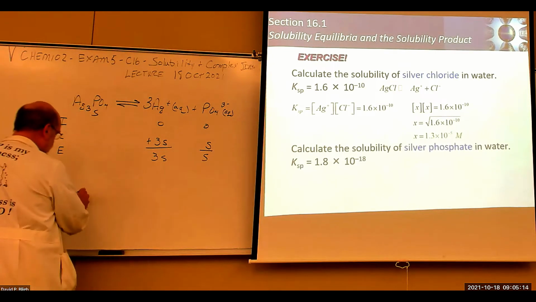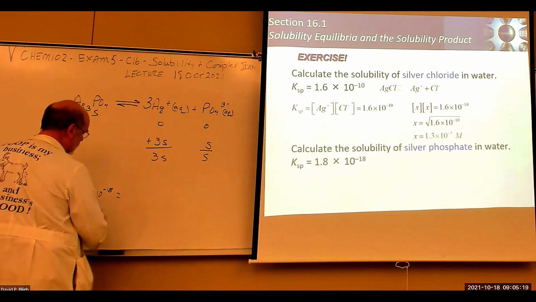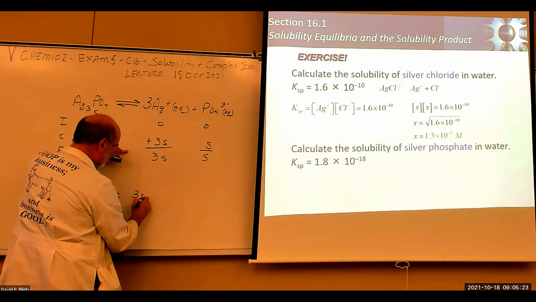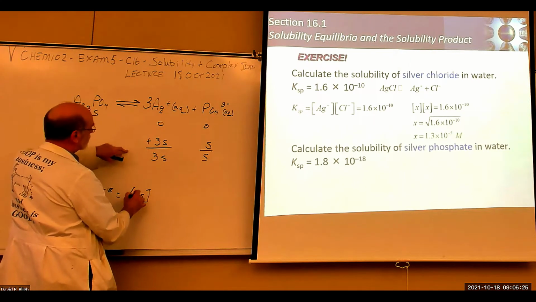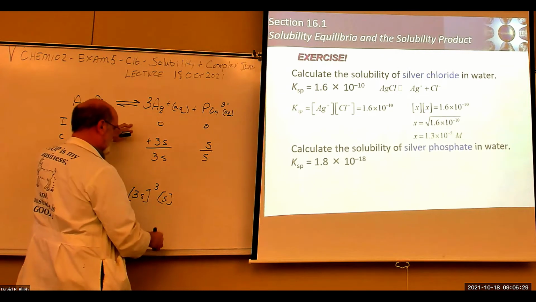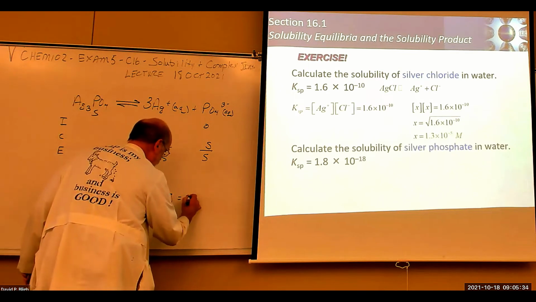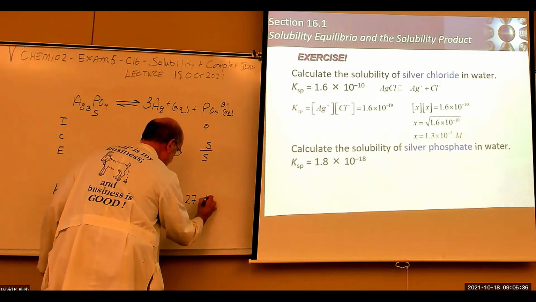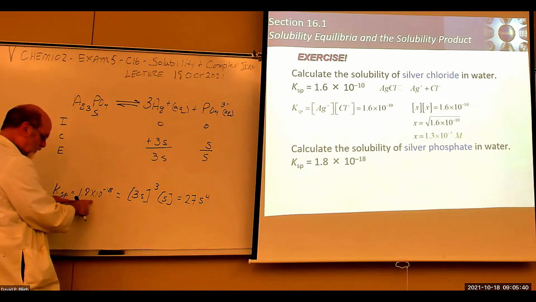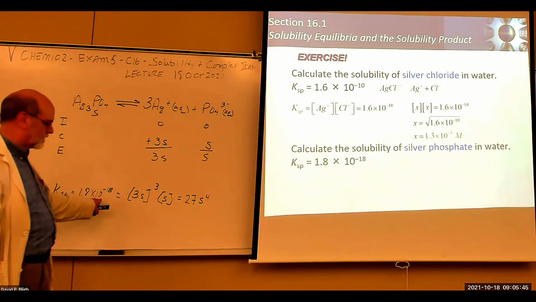All right, so if KSP is 1.8 times 10 to the minus 18, then that's equal to this one, 3S, equilibrium concentration, to the third power, times this one to the first power. Okay? So this one is, we found it earlier, it was 27 S to the fourth power. So we need to divide both sides by 27 and then take the fourth root of that number.